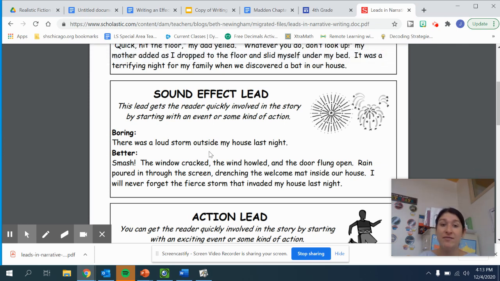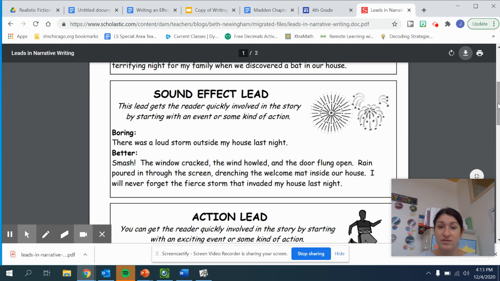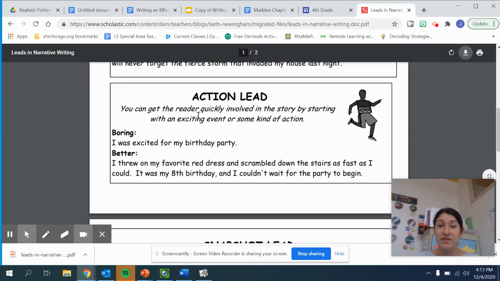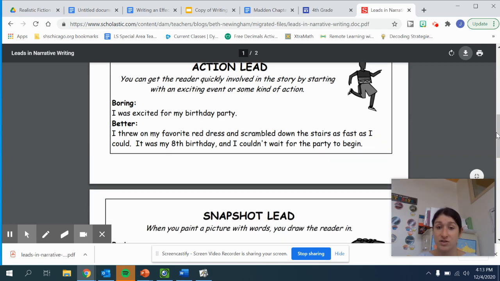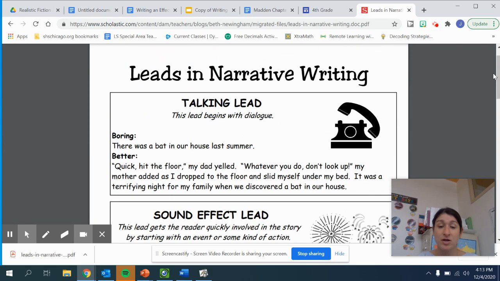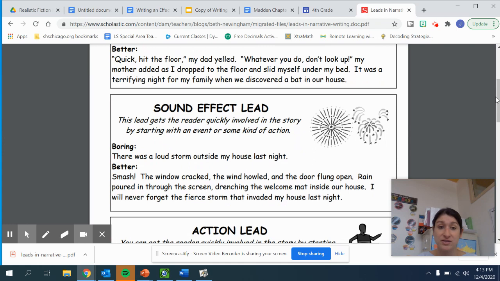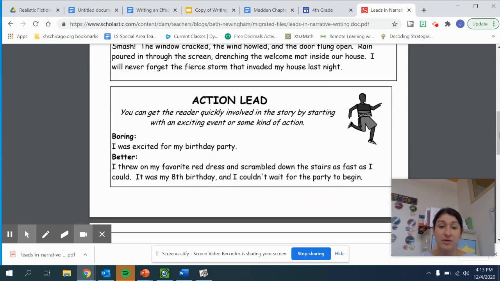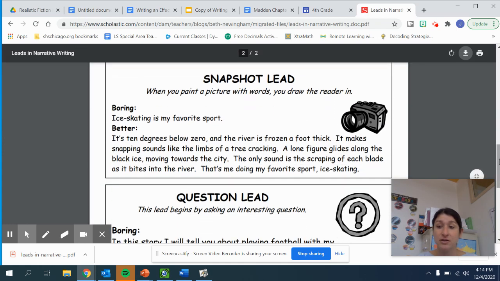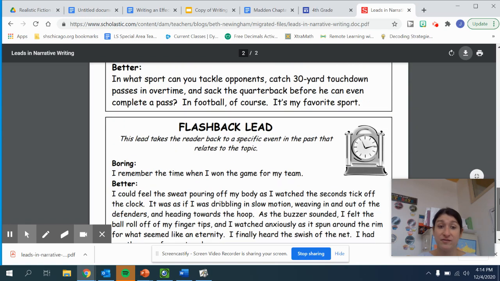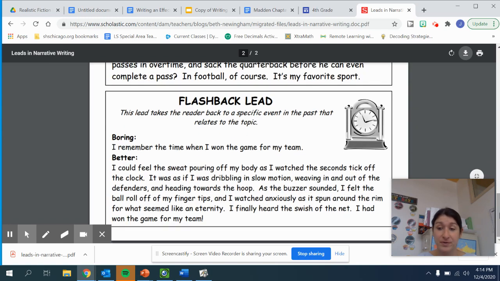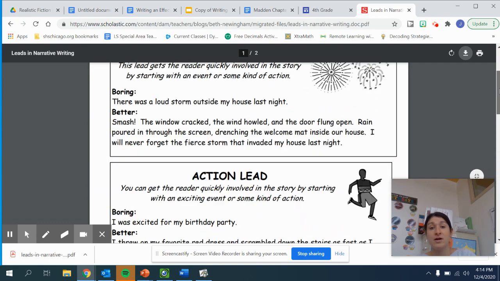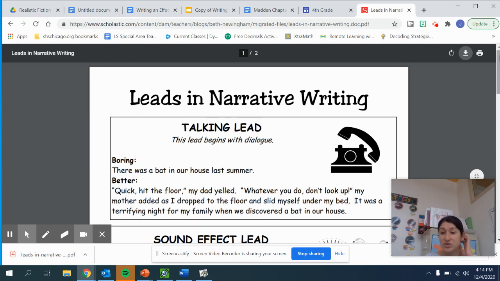Maybe we need to liven it up a little bit by using one of these strategies. This is a resource that you will have that goes over all the ones we just talked about. We've got our talking lead, our sound effect lead, our action lead, our snapshot lead, our question lead, and a flashback lead. Okay, this is where you are going to take the opportunity to write 2 leads of your own.